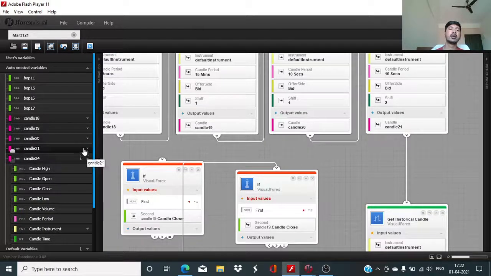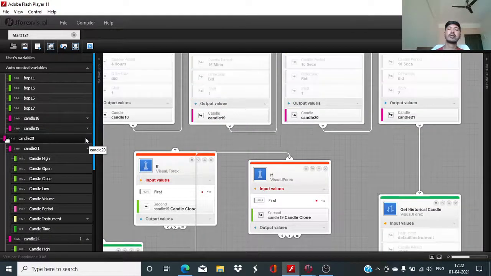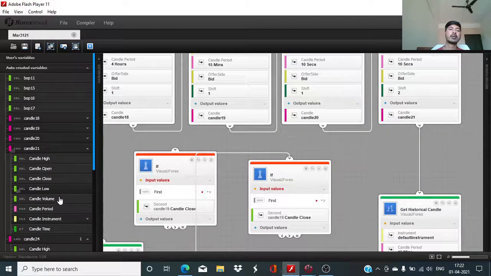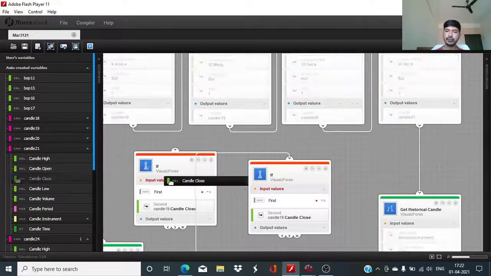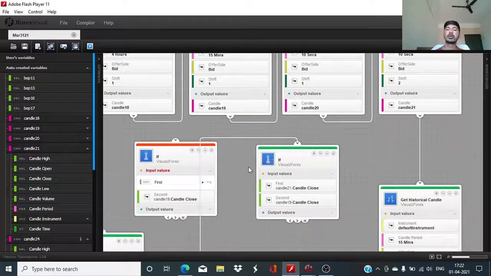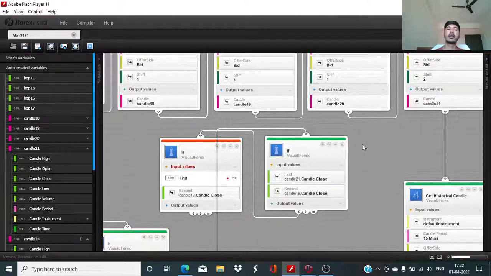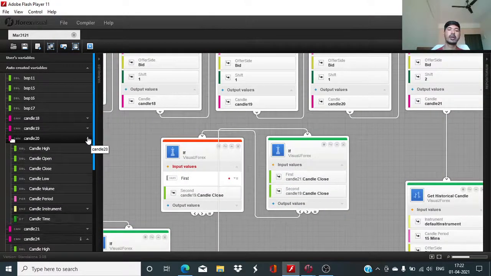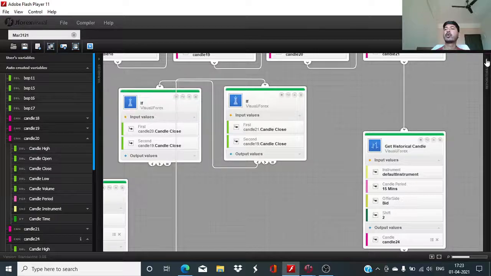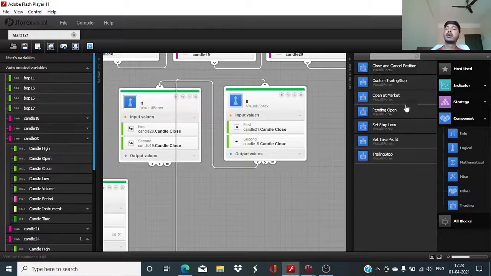So here we take candle 21 close should be below, so first input less than, and candle 20's close should be above candle 19's close, so first input greater than second input, and then we bring in the trading block of open at market.